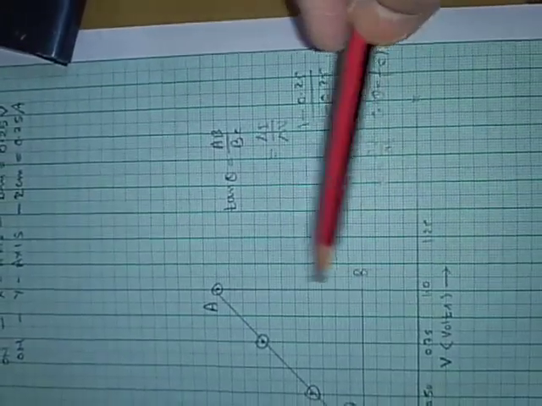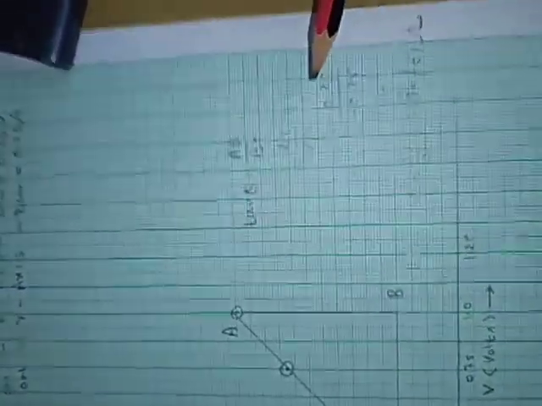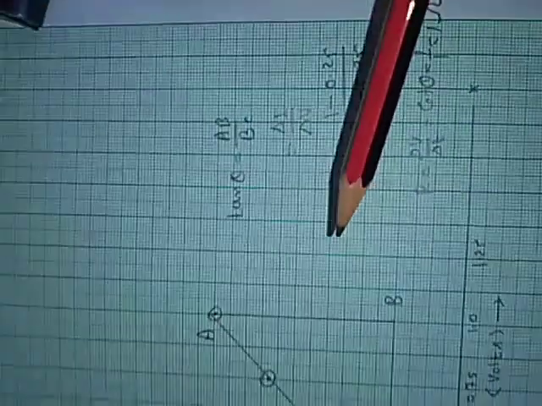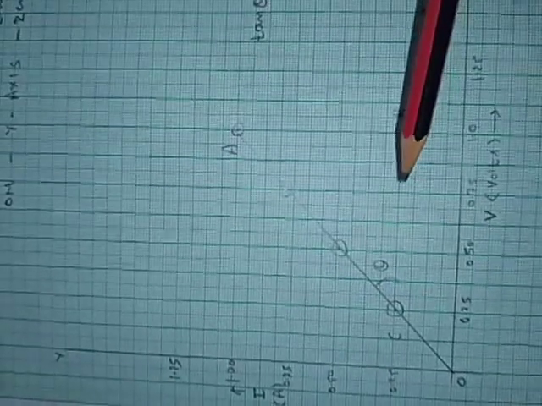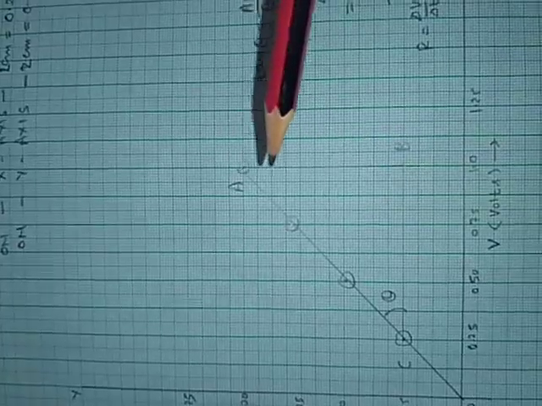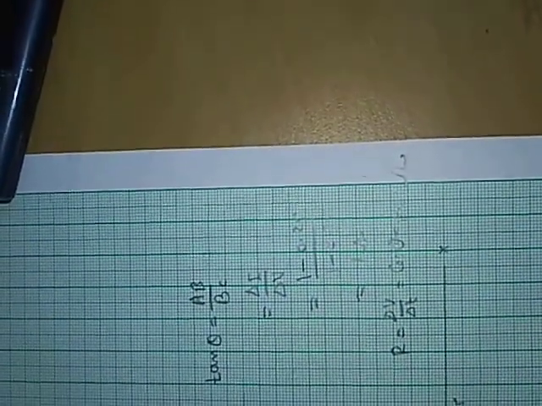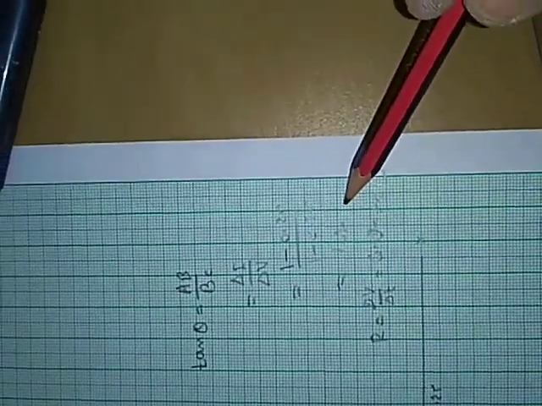Perpendicular is the current axis, that is why it is del I, and base is voltage axis, that is why it is del V. Then the change in the current and the voltage from this value to this value, we can mention here 1 minus 0.25 or 1 minus 0.25, and we get 1 ohm graphically.